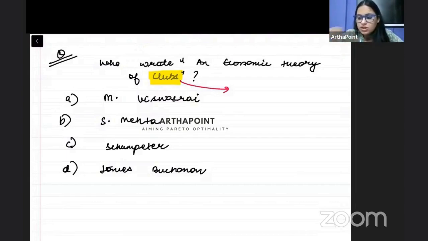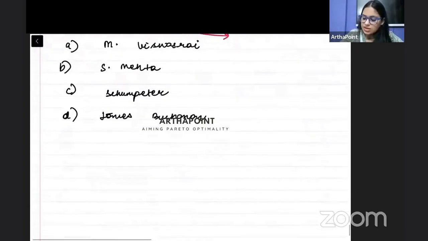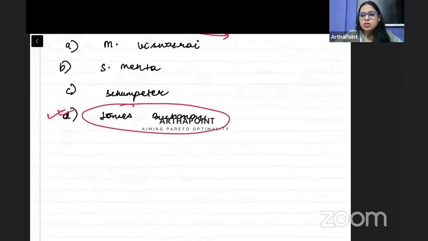There is some price on it, they are exclusive in nature, but you can also enjoy music as much as the other person can do. Now the question is asking you who gave an economic theory of club. Absolutely correct. The correct answer to this question is James Buchanan, right? It is James Buchanan, right beta. Next question.